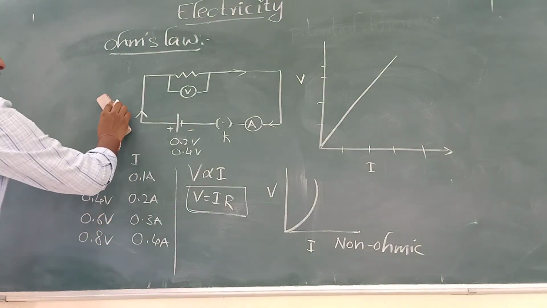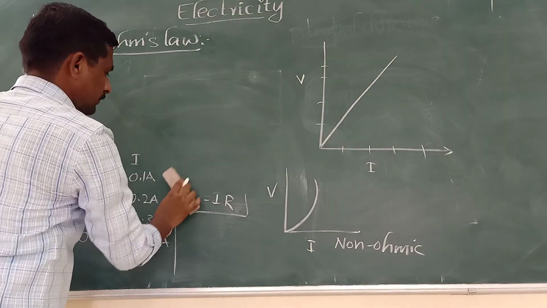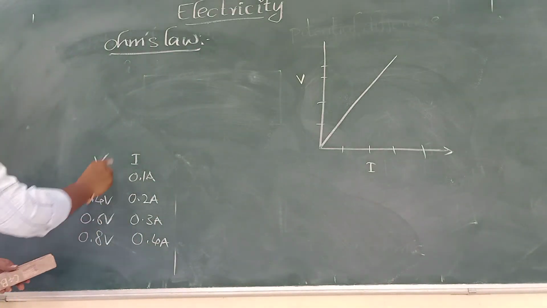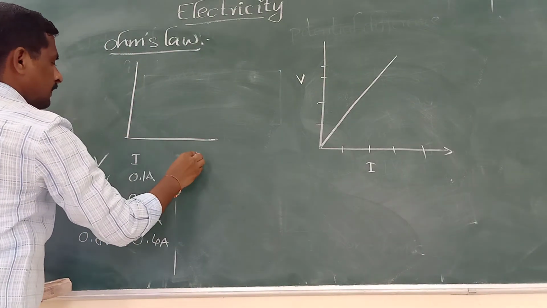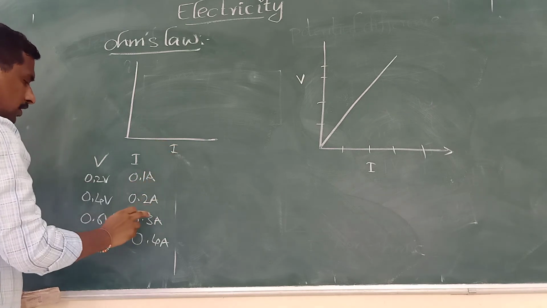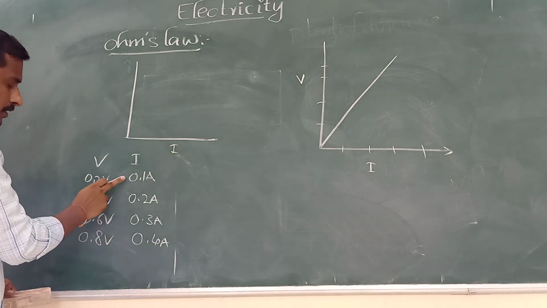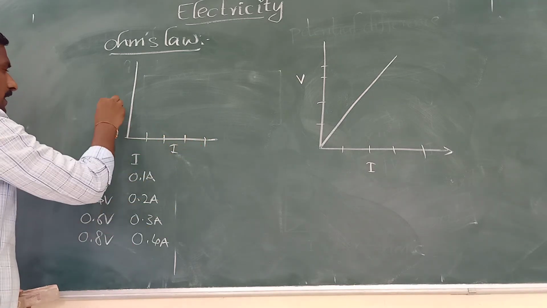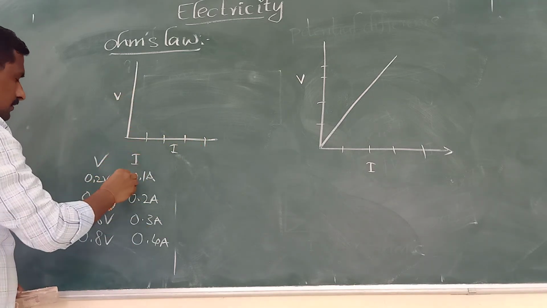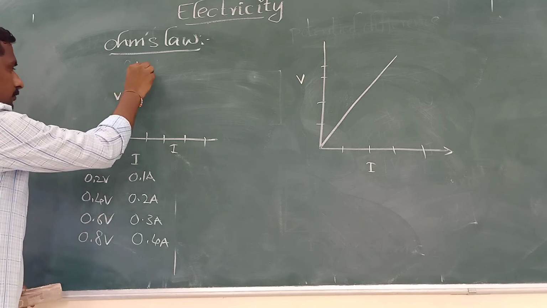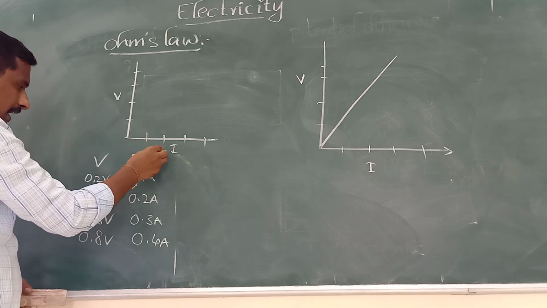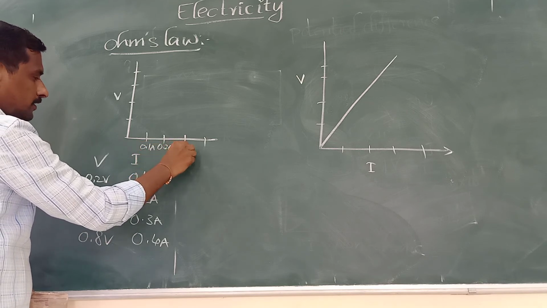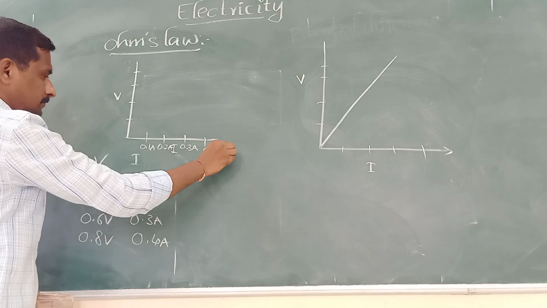Let's take the graph with the values we have taken. On the x-axis you take the current, with 4 units: 1, 2, 3, 4. On the y-axis we take the potential difference, similarly 1, 2, 3, 4. On the x-axis the current is 0.1 ampere, 0.2 ampere, 0.3 ampere, 0.4 ampere.